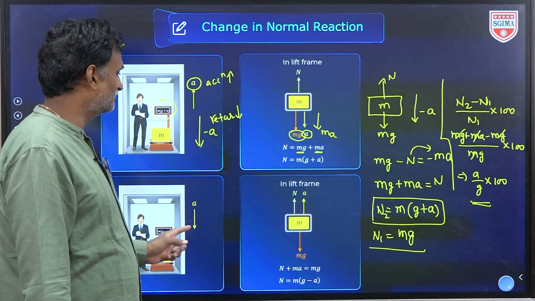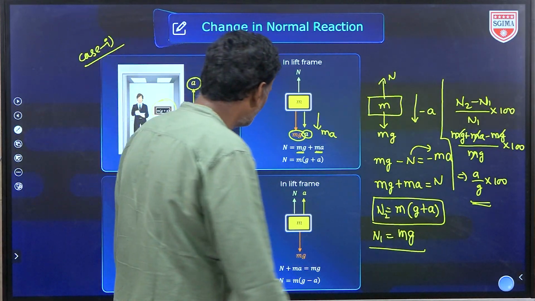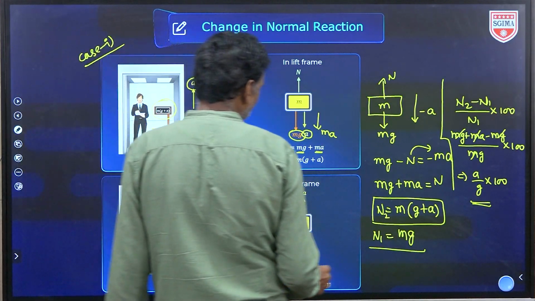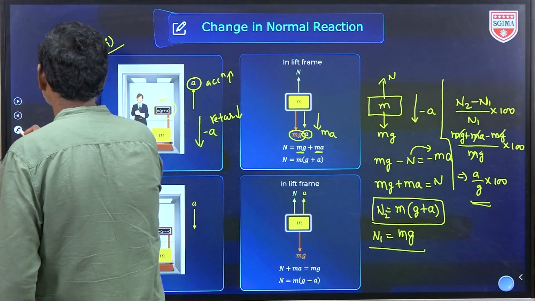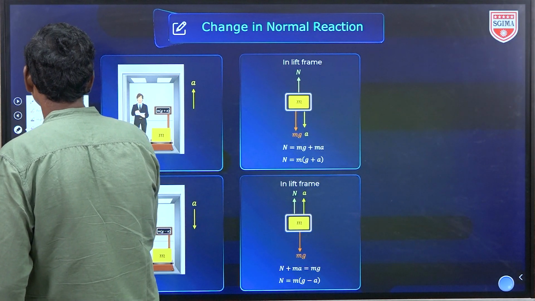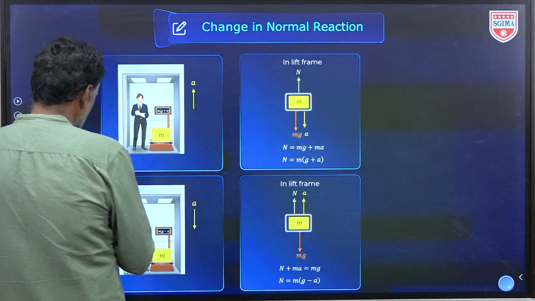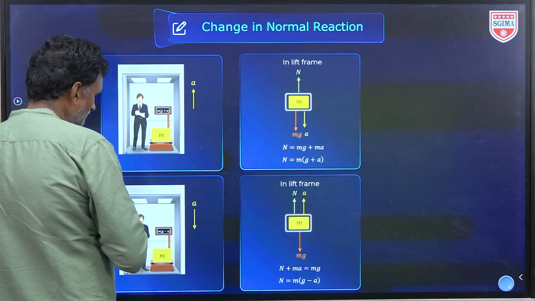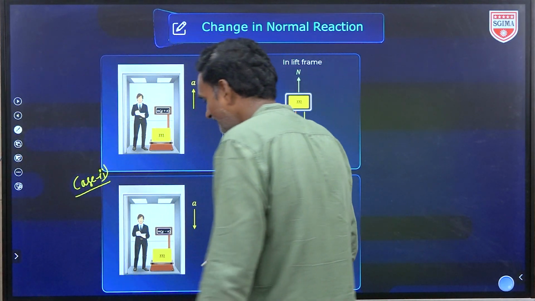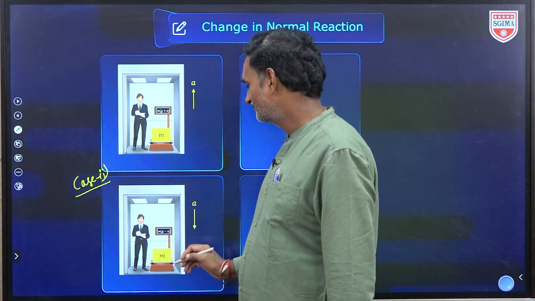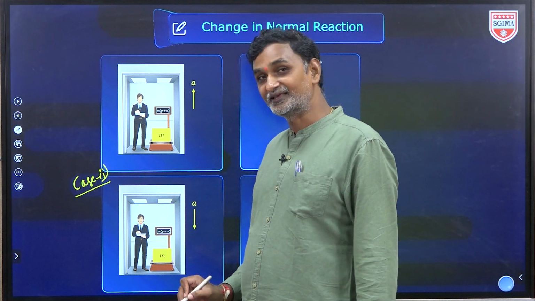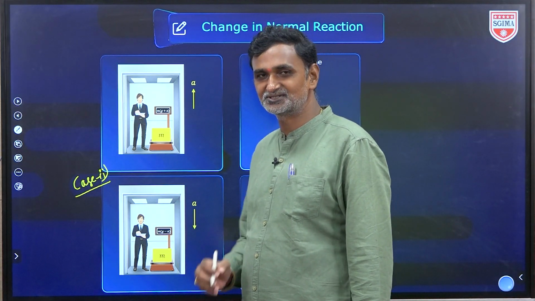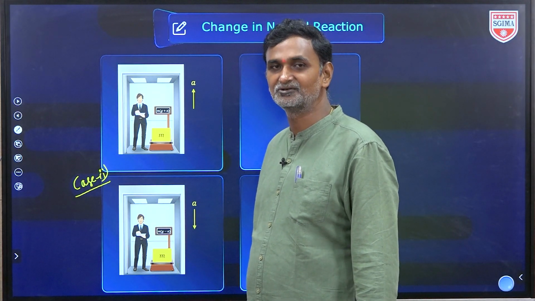Let us move on to case 2. Here the same weighing machine is in the lift and it is moving downward with acceleration a. Then the weighing machine shows a reading that is not equal to mg.